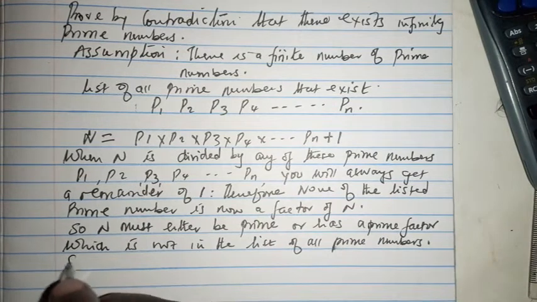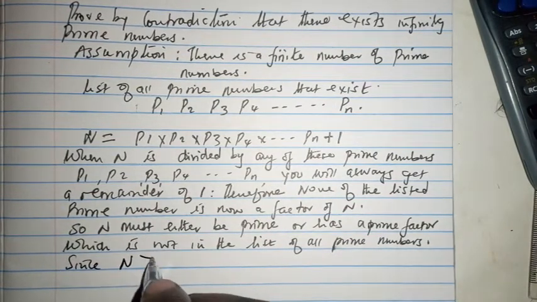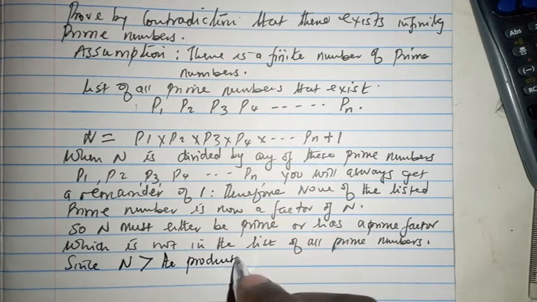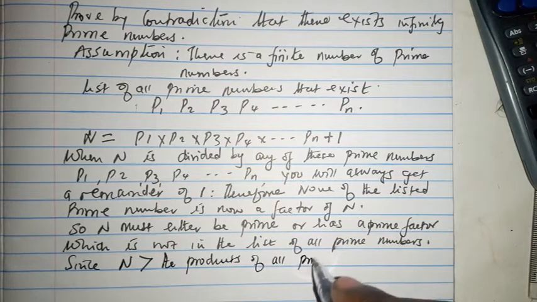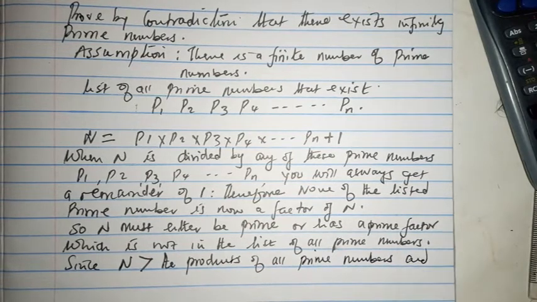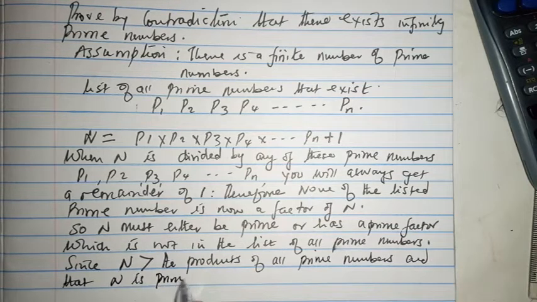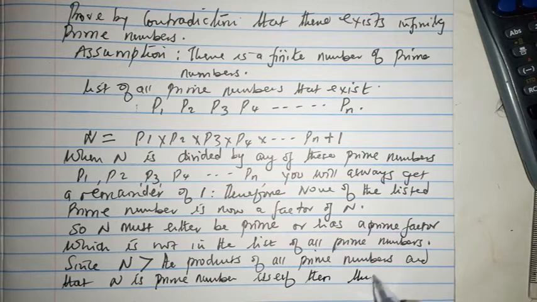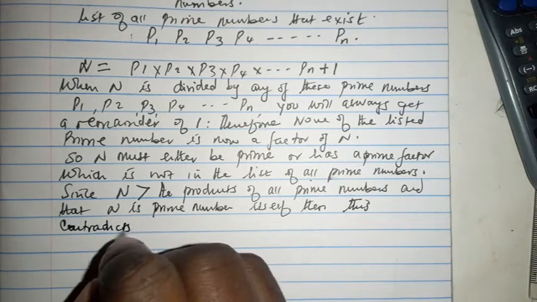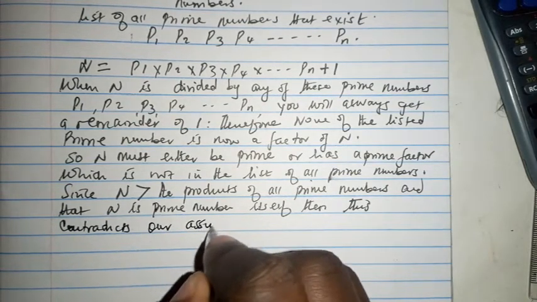So since N is greater than the product of all prime numbers, and N is a prime number itself, this contradicts our assumption.